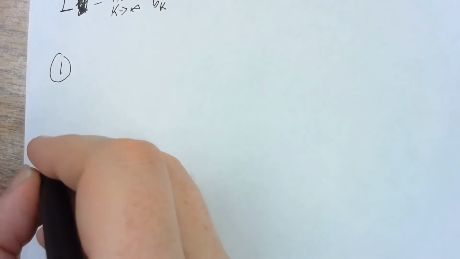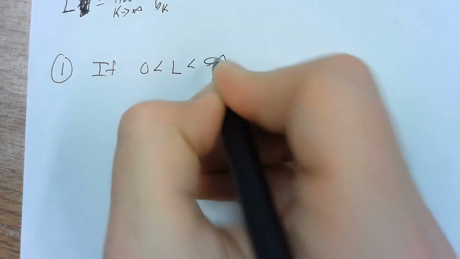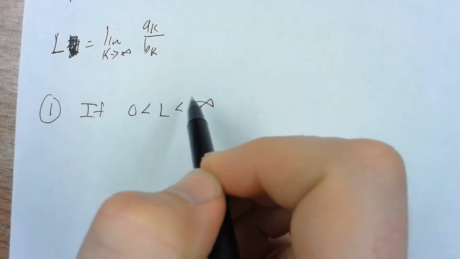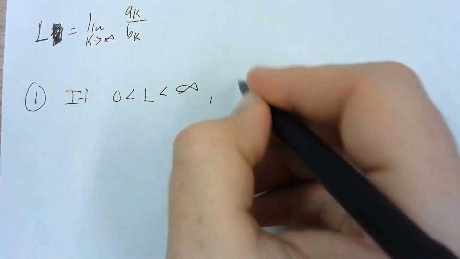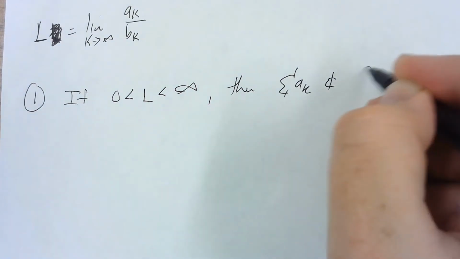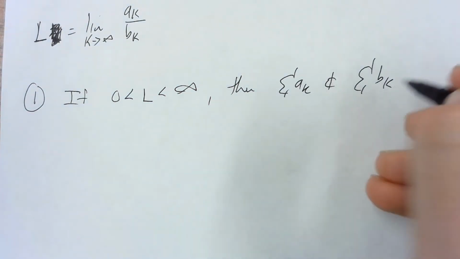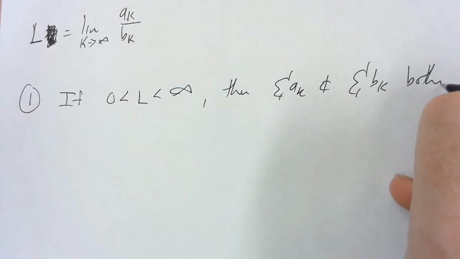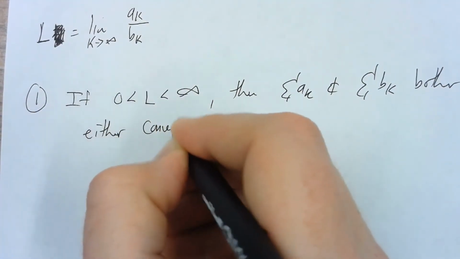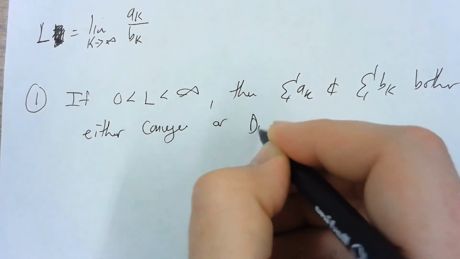The first conclusion is that if L sits between 0 and infinity, meaning this limit is equal to any number other than 0 and any number other than infinity, then I can conclude the sum of a sub k and the sum of b sub k either both converge or both diverge.